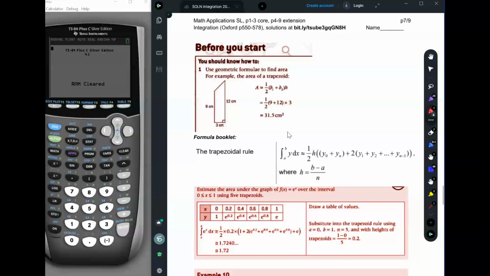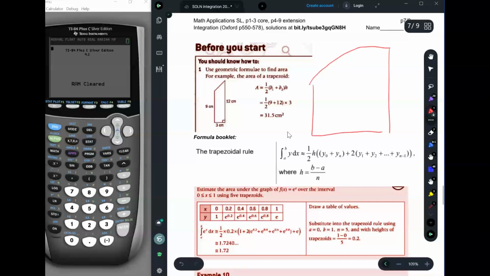Okay. The idea is pretty basic, so I'm just going to draw a little picture here so that you can see what it looks like. Basically, if you have the area under this curve, for example, we're going to divide it into a certain number of uniform width bars, like that.